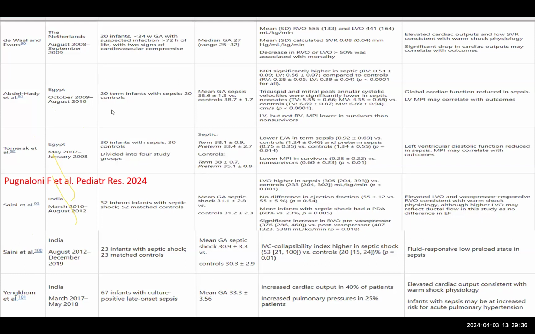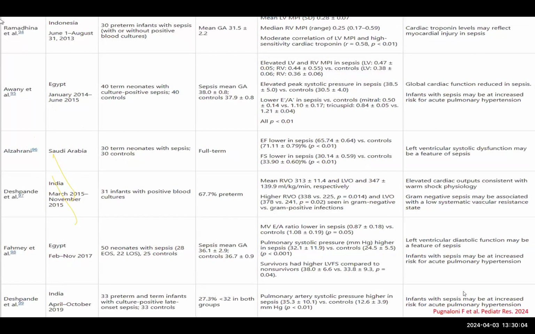Most of these studies include 20, 30, 40, or maybe 60 infants with culture-positive septic shock, or some with matched controls. What they have found is elevated cardiac output with low systemic vascular resistance consistent with warm shock, fluid-responsive low preload status in sepsis, and infants with sepsis may be at increased risk of acute pulmonary hypertension. Another 6 studies showed global cardiac dysfunction reduced in sepsis. LV systolic dysfunction may be a feature of sepsis.